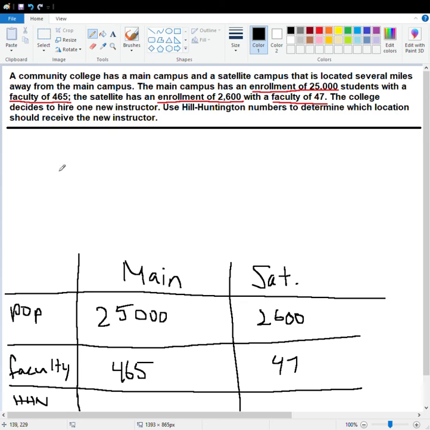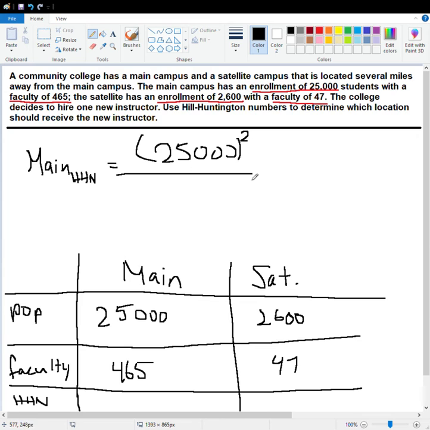So we'll start with main. We'll start with main sub HHN, which is equal to the state's population squared divided by 465, which is n, times n plus 1. So 465 plus 1 is going to be 466.